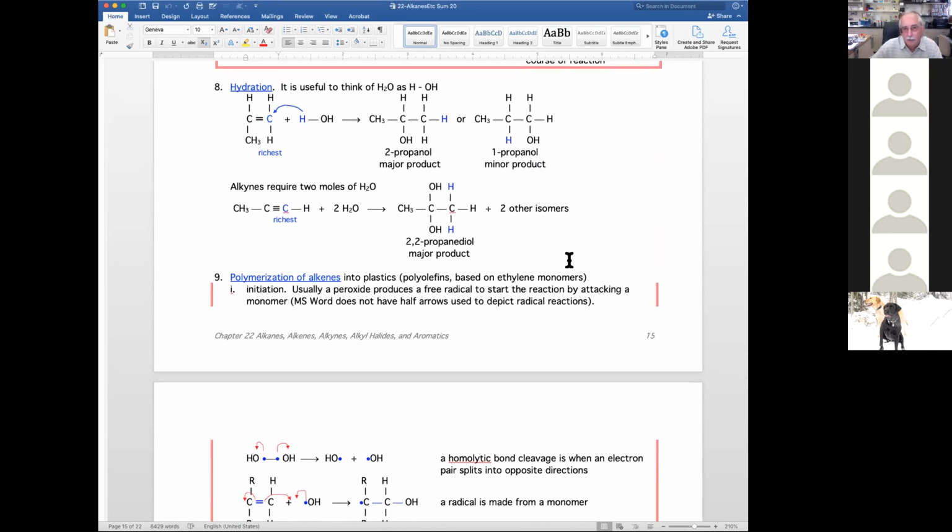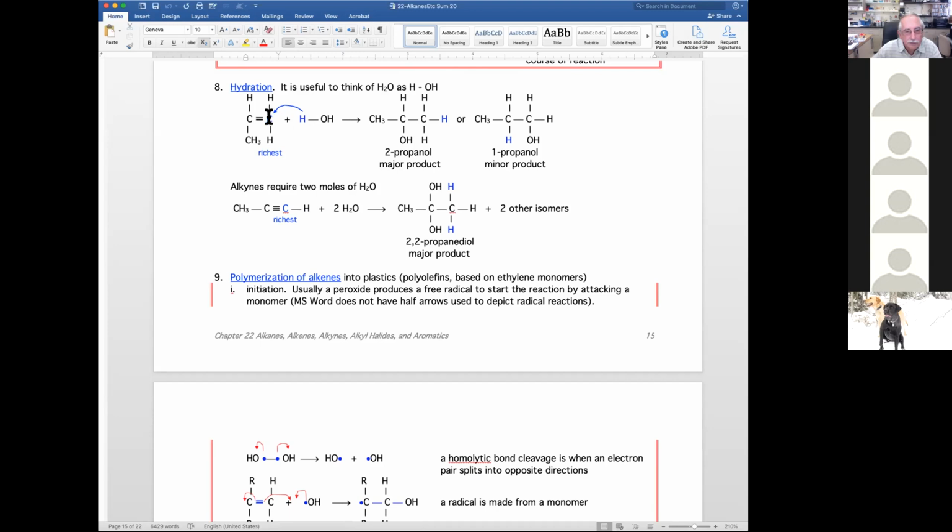so here's another one, addition of water, called hydration. So you might think of water as this, and then you can see that it's an asymmetrical addition reagent. So the hydrogen could go there, or the hydrogen could go there, and you will get both products. But where is it going to go primarily? This carbon has two hydrogen, this carbon has only one.